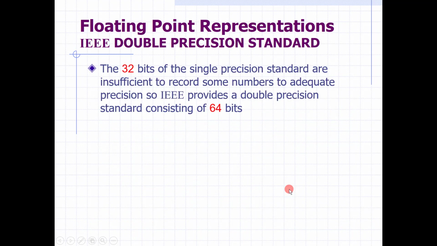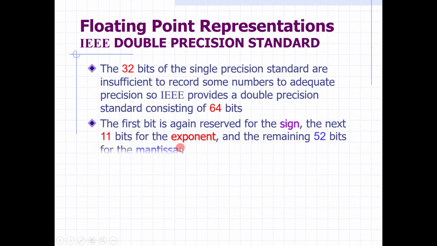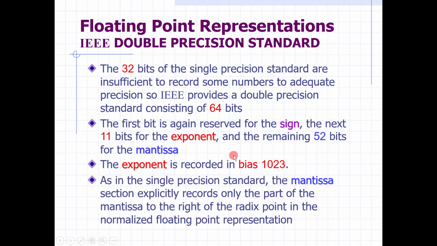Double precision has a standard as well. Instead of doing 32 bits, which can store some pretty big numbers and some really tiny numbers, if we need to store even bigger than that, we'll go to 64 bits. Similar format for the memory. The first bit is a sign. Then we use 11 bits for the exponent. And then we have 52 bits left for the mantissa.